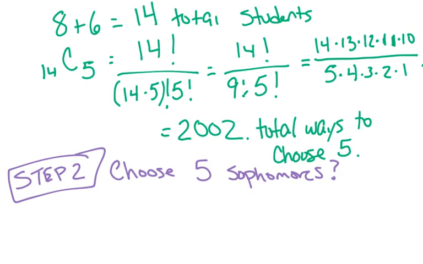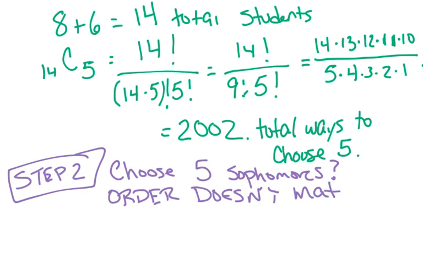So we're still going to do the same idea. Does the order matter of the 8 sophomores that I have, of what I want to choose? No. So since order doesn't matter, I'm going to have 8 choose 5.